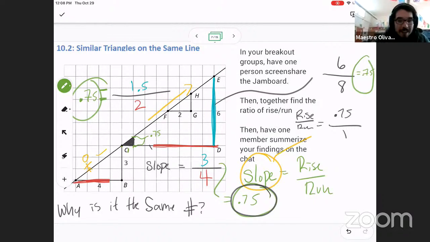This is exactly what we're doing here, except now we're looking at the ratios as a line. We're looking at how much it's going up and how much it's going to the right. That's why the slopes are the same.